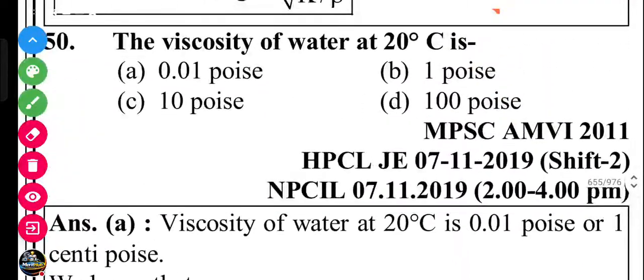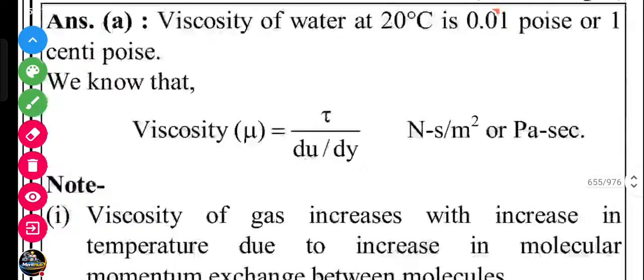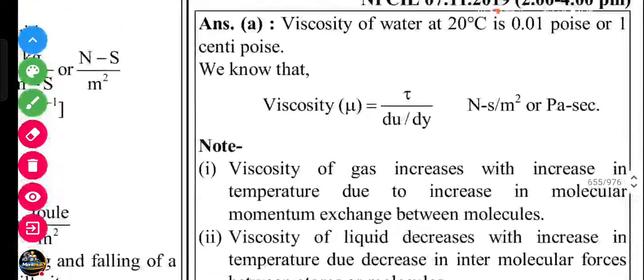Sorry, I was wrong. It is 0.01 poise. Here is the explanation, see that. The viscosity of water at 20 degrees centigrade is 0.01 poise or 1 centipoise. Yes, 1 centipoise. Viscosity is given by tau by du by dy, in Pascal second.